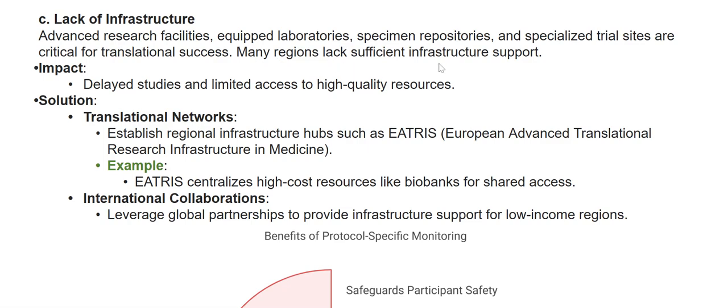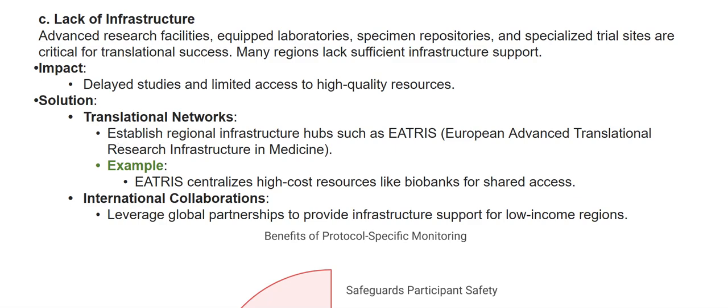So many regions lack sufficient infrastructure support, and this is a challenge as well, and a problem that, as a multinational or global international trial, we might face different levels of availability of the infrastructure that would support the trial that we need to be conducted. And in every region, the infrastructure availability or sufficiency is different. So the impact here: delayed studies and limited access to high quality resources.